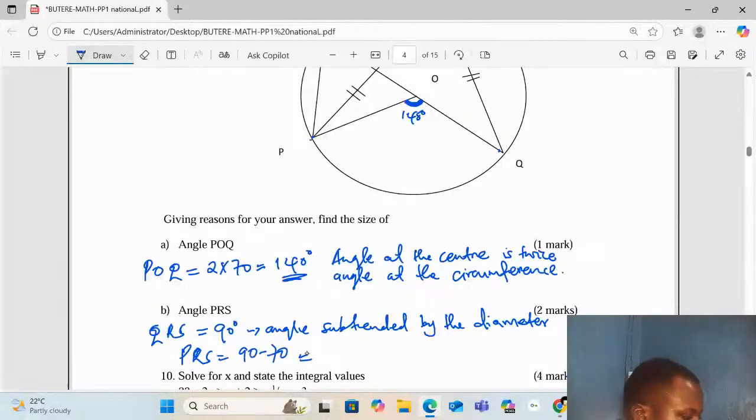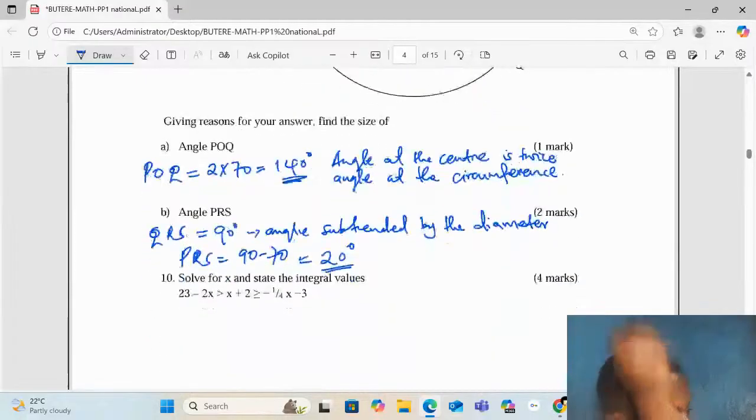So we have 20 degrees as our value of angle PRS. That's simple. Then you get your remaining 2 marks.